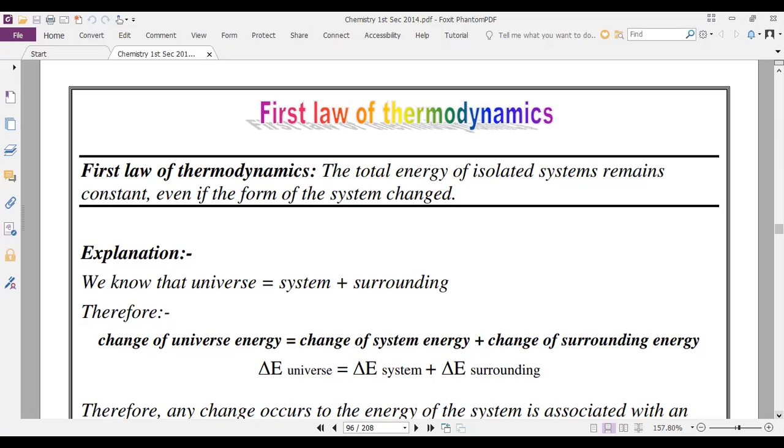Right. Its explanation: we know that the universe includes system and surrounding, right? So the change of the universe energy equals the change of the system energy plus the change of the surrounding energy.